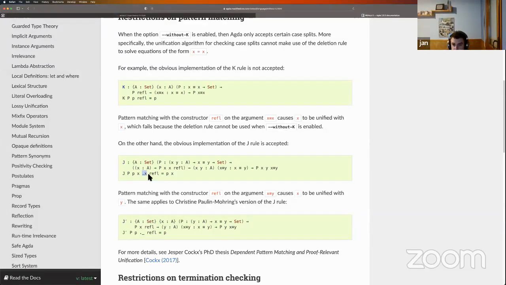They call it an irrefutable pattern. Sounds serious. Don't ask me the definition of it, but it's probably in the documentation. Pattern matching with the constructor refl on the argument x equals y causes x to be unified with y.